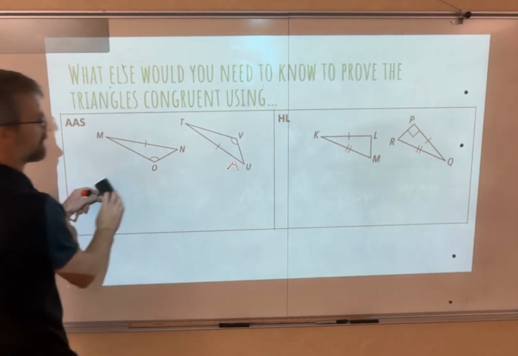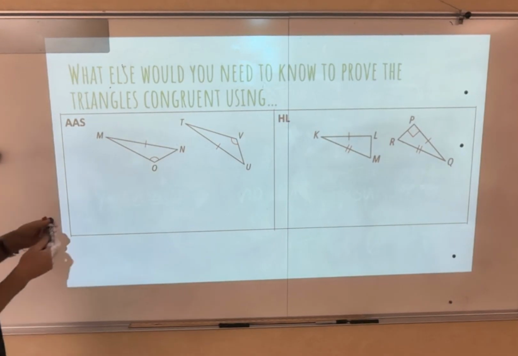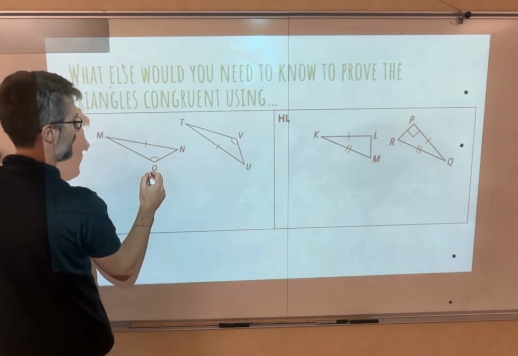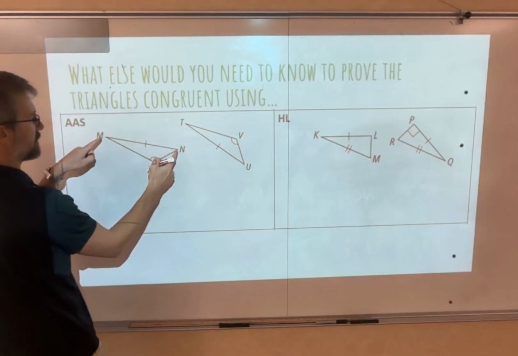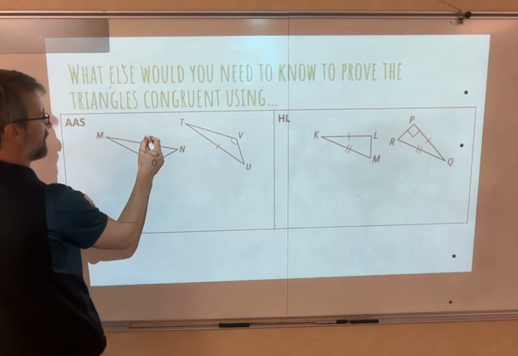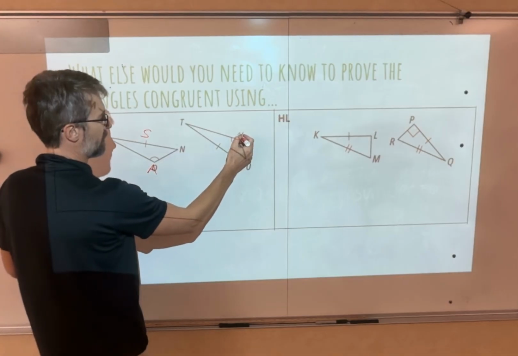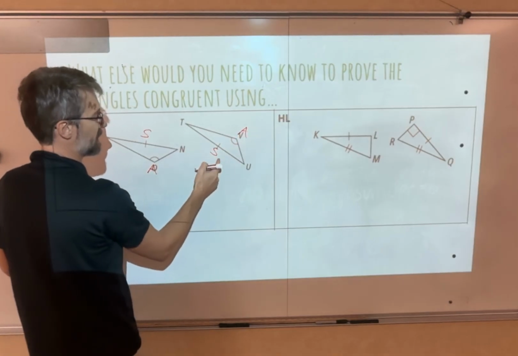So we want to know angle, side for these ones. So we've got an angle, right? And then we've got two possibilities for the angle and then the side, right? So same thing over here. We've got an angle, we've got two possibilities, and then the side.